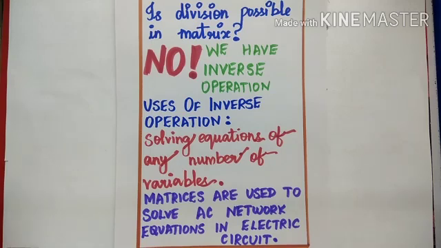Inverse operation is a gift to solve equations of any number of variables. Solving equations is applied in almost all fields of engineering, especially in solving AC network equations of electrical circuits.